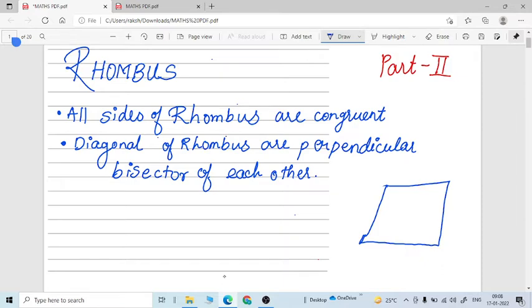It's a little slanting, which is based on the diagonals. Let's name the vertices A, B, C, D, and the middle part M. The diagonals meet at 90 degrees.